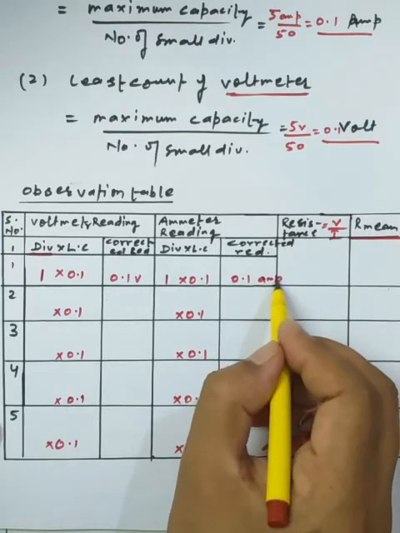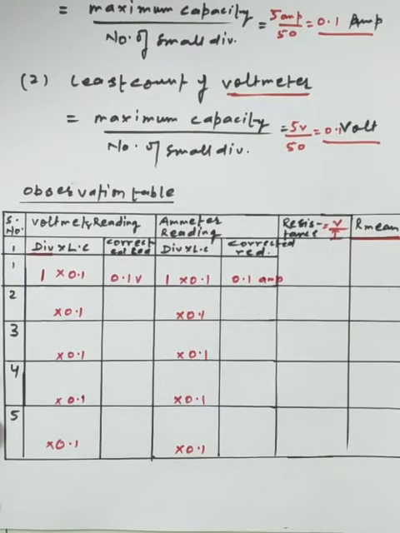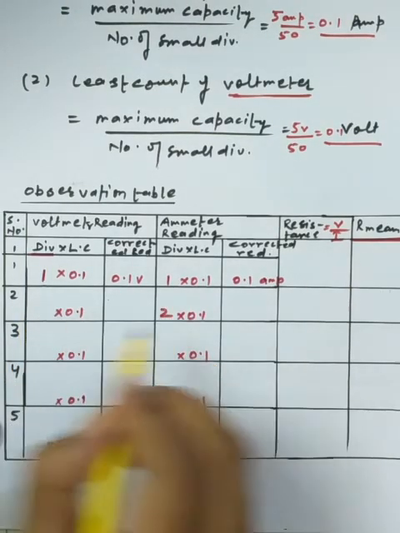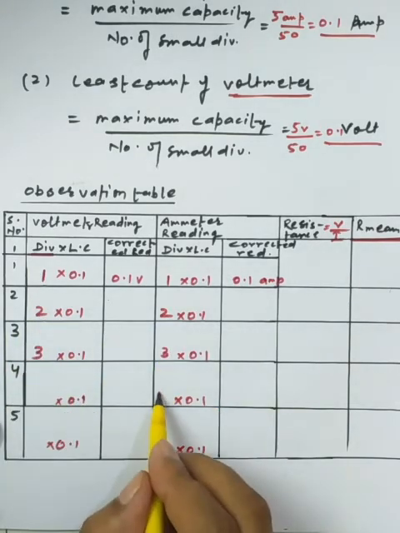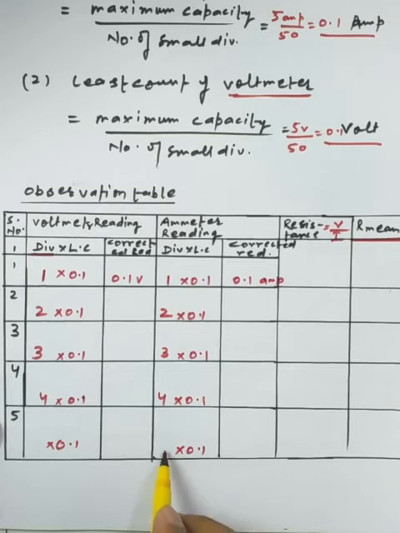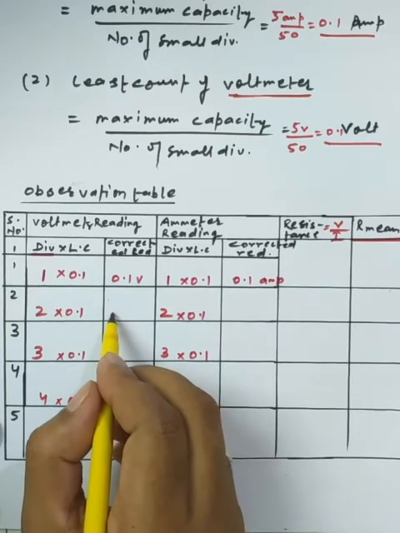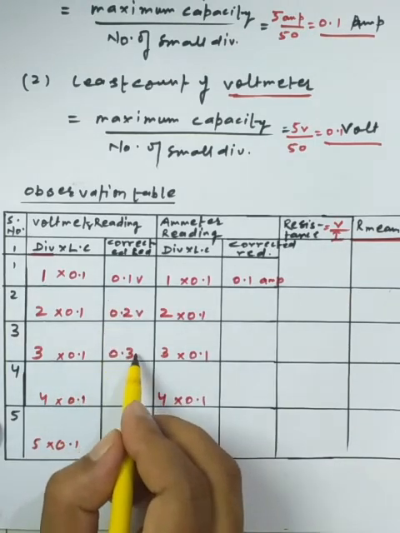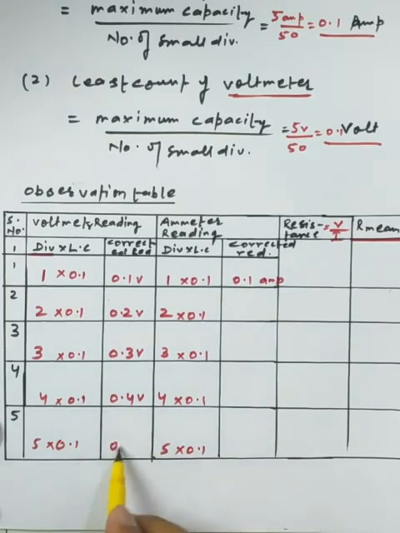This is the simplest representation of the conversion of division into actual value. Similarly, 2 corresponds to 2, 3 corresponds to 3, 4 corresponds to 4, and 5 corresponds to 5. So easily we get the conversion of all the readings. Here we get 0.2 volt, 0.3 volt, 0.4 volt and 0.5 volt.